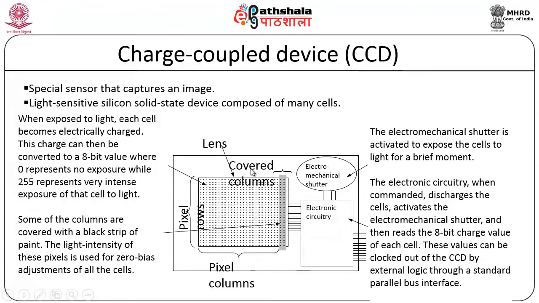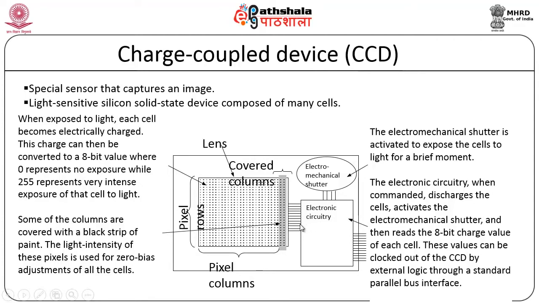The electromechanical shutter is activated to expose the cells to light for a brief moment. The electronic circuitry discharges the cells, activates the electromechanical shutter, and then reads the 8-bit charge value of each cell. These values are clocked out of the CCD by external logic through a standard parallel bus interface.